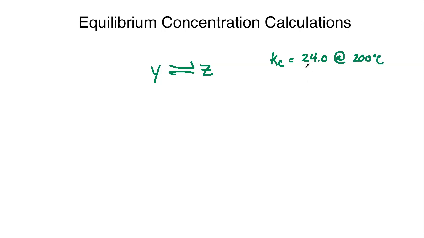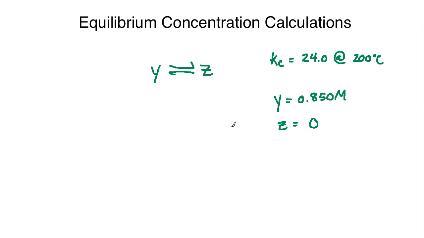Now at the start of this reaction, we are told that the initial concentration of Y is 0.850 molarity. And Z, again, at the onset or the initial starting point, is going to be 0 because we have not started this reaction.